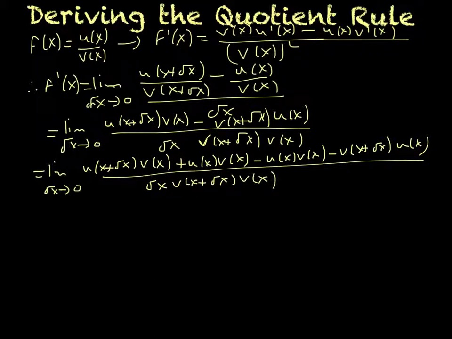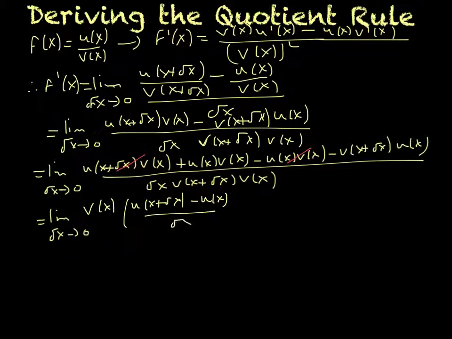And likewise, it means that I can start taking out common factors. So here we have a common factor v of x, so I'm going to take that out. So I've got v of x, and then we've got u of x plus delta x subtract u of x all over delta x, and we've still got our, let's go for minus then.